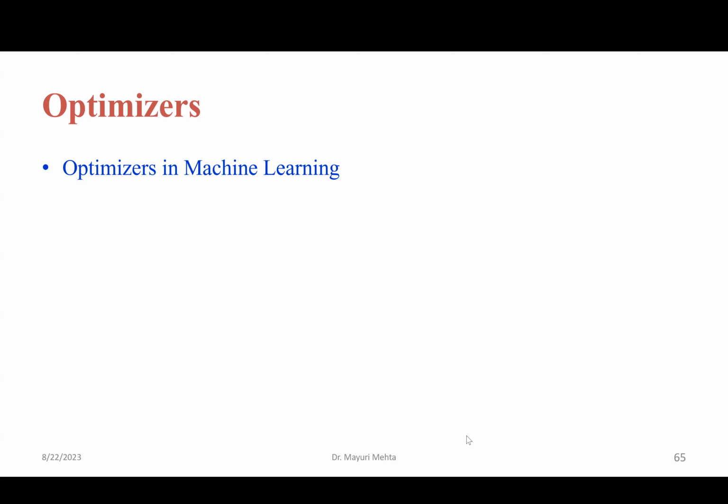We need to choose a suitable optimization algorithm. If you choose the suitable optimization algorithm for your application, then this will help you to reduce the error and improve the accuracy.